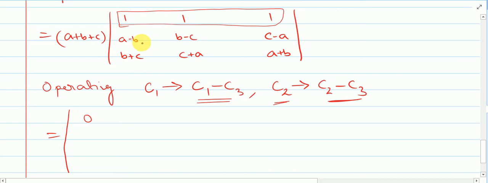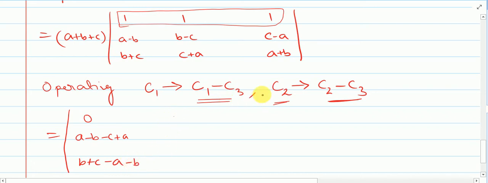And here a minus b minus c minus a. Okay. So here we'll get a minus b minus c plus a. And here we'll get b plus c minus a minus b.